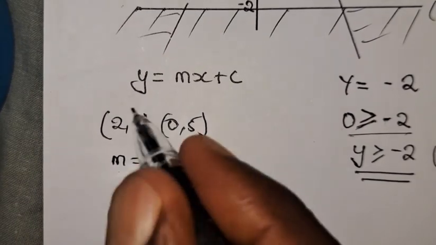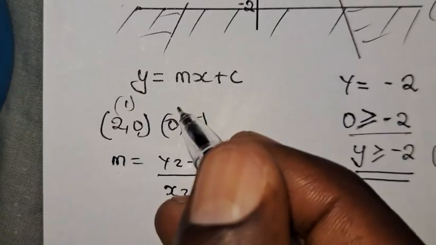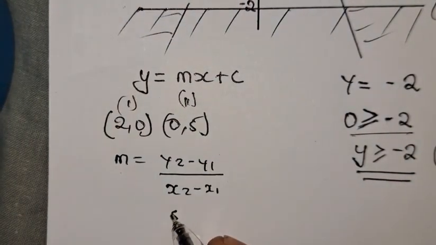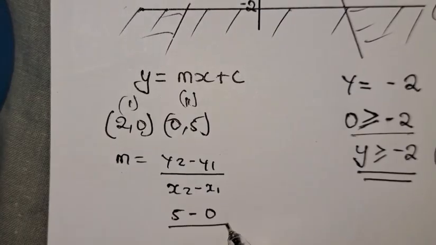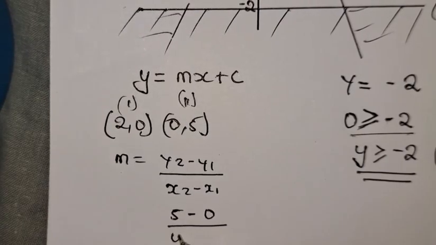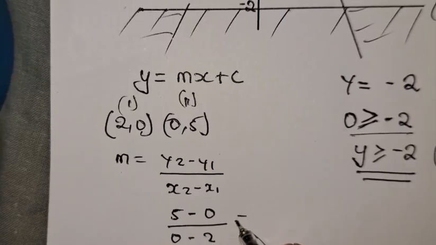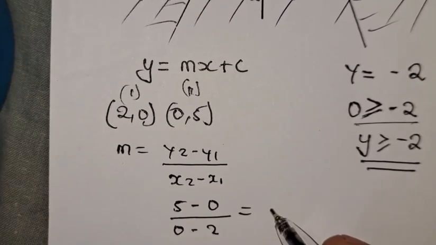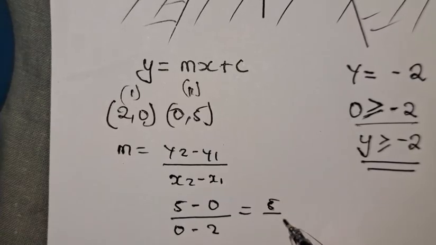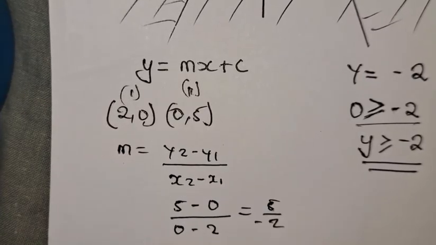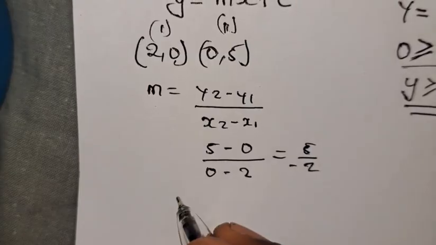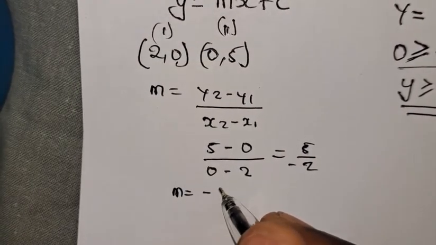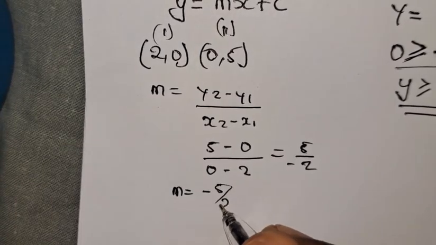Let me make this one my 1s and this will be my 2s there. So what is my y2? My y2 is 5 minus 0 over 0 minus 2. So our final answer is going to be 5 over -2, of which I can say m is equal to -5 over 2.